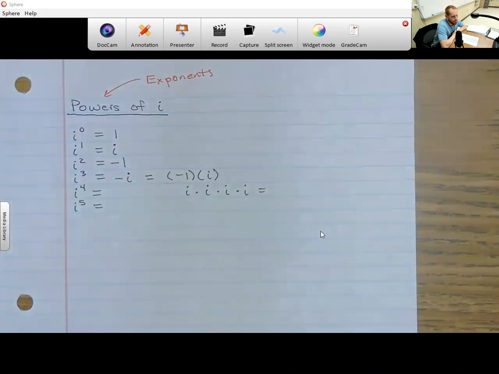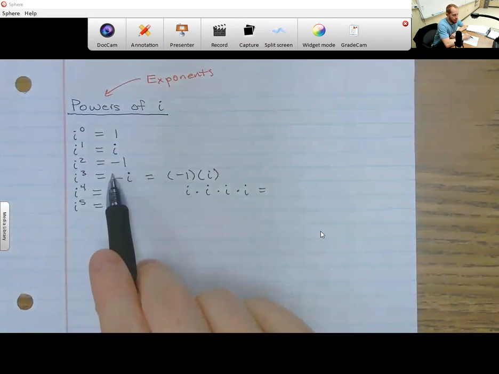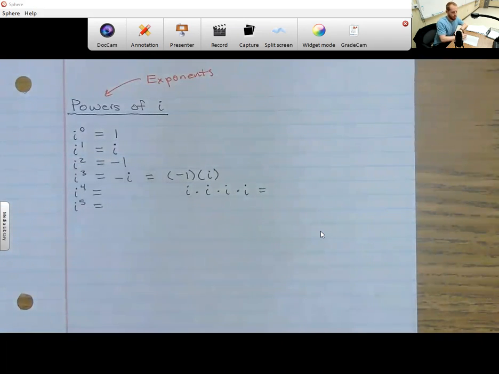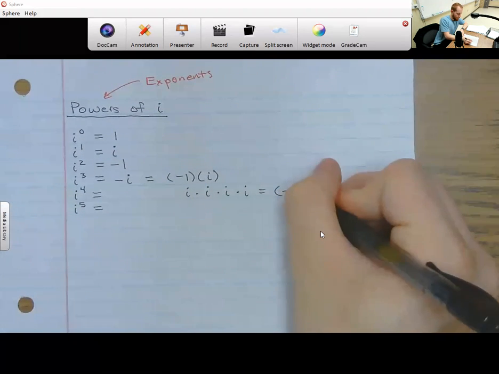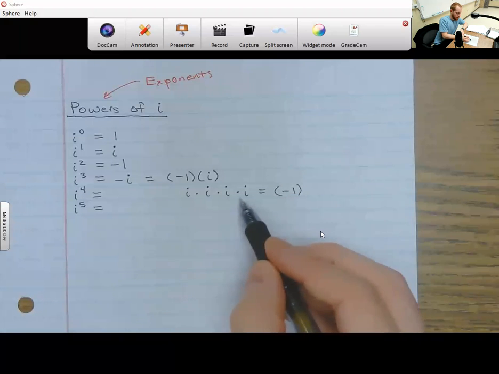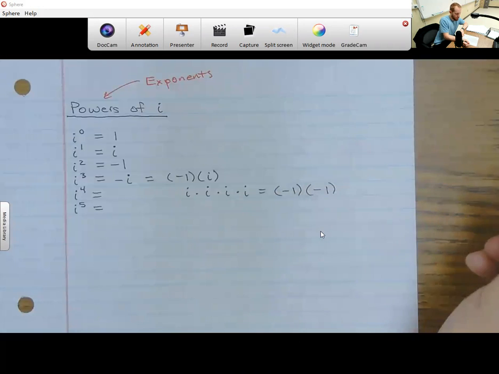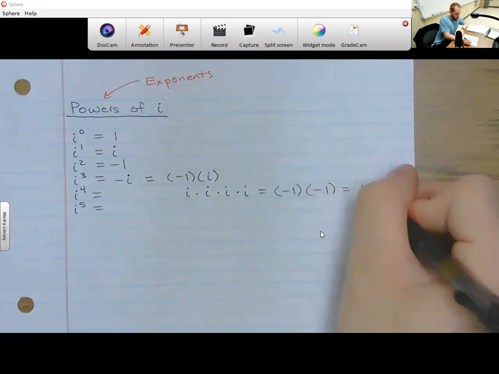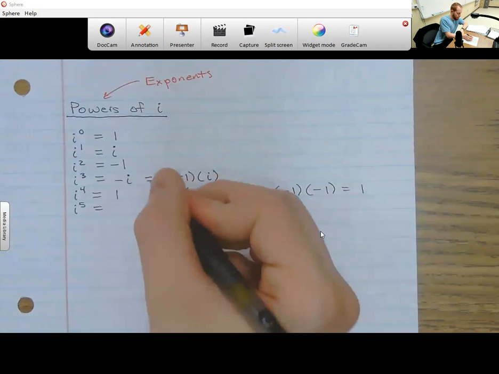Well, we know that i times i is going to give me -1, because i squared is -1. So these first two give me -1, and the last two are the same thing, they give me -1 as well. And then what's -1 times -1? That would just be +1. So i to the 4th power is going to be +1.